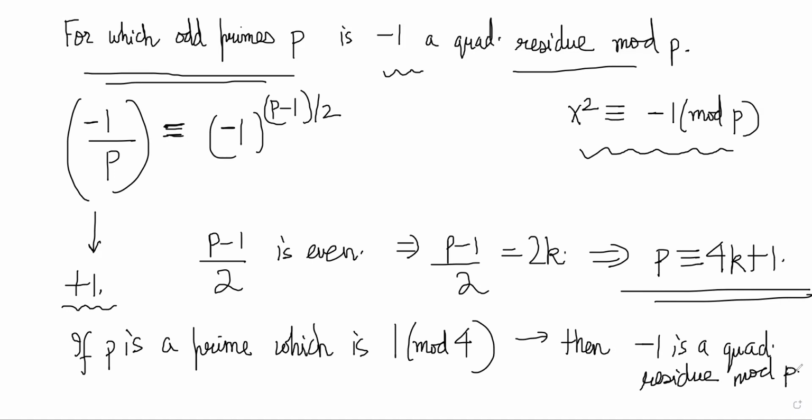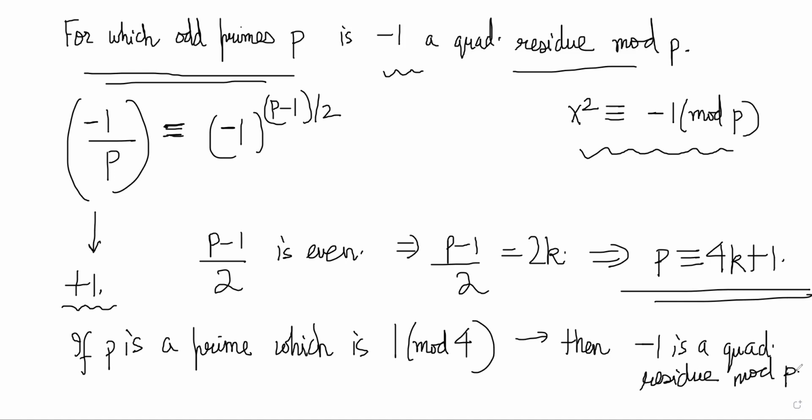right? Because if P is a prime of the form 4K plus 1, then we are getting that minus 1 over P Legendre symbol is equal to minus 1 power P minus 1 by 2, and 4K plus 1 minus 1 is 4K by 2, so it is 2K. So P minus 1 by 2 is coming out to be an even number, my mistake. So it is becoming minus 1 power 2K, and that makes it plus 1, right?